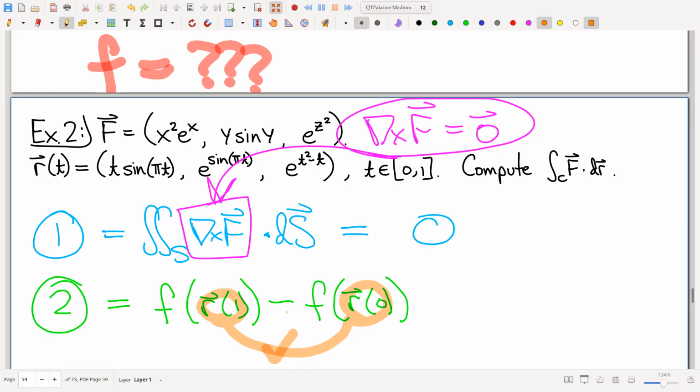I'm going to be looking at the same value of f minus the same value of f, and therefore, again, I get 0. So it's just kind of beautiful how this works out. Analogously to the fact that I don't even really need to know this surface, likewise, I don't even really need to know this function. I need to know they exist. That's very, very important. I don't need to know what they are, just because of how everything else has worked out.